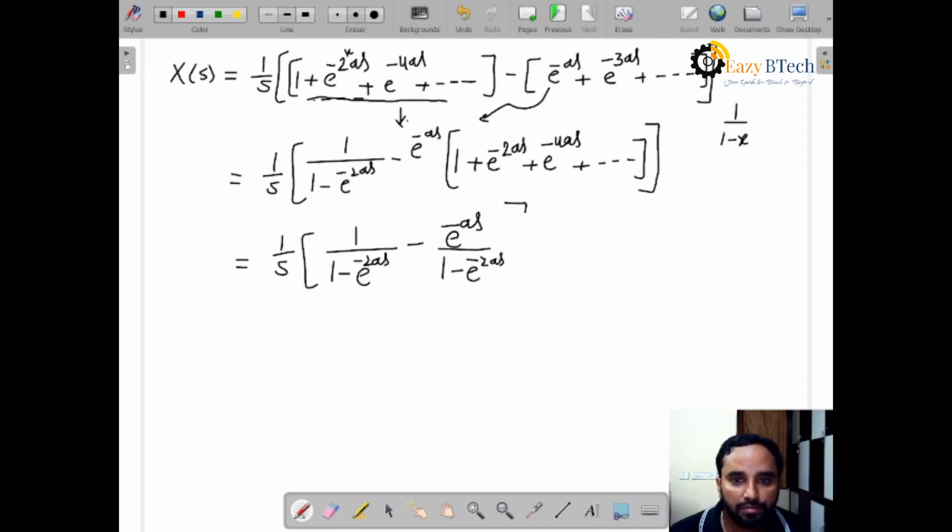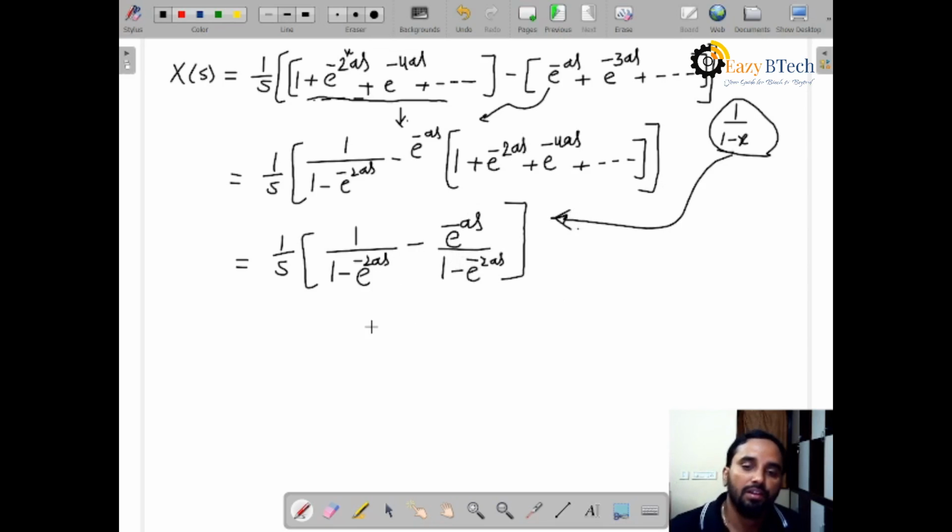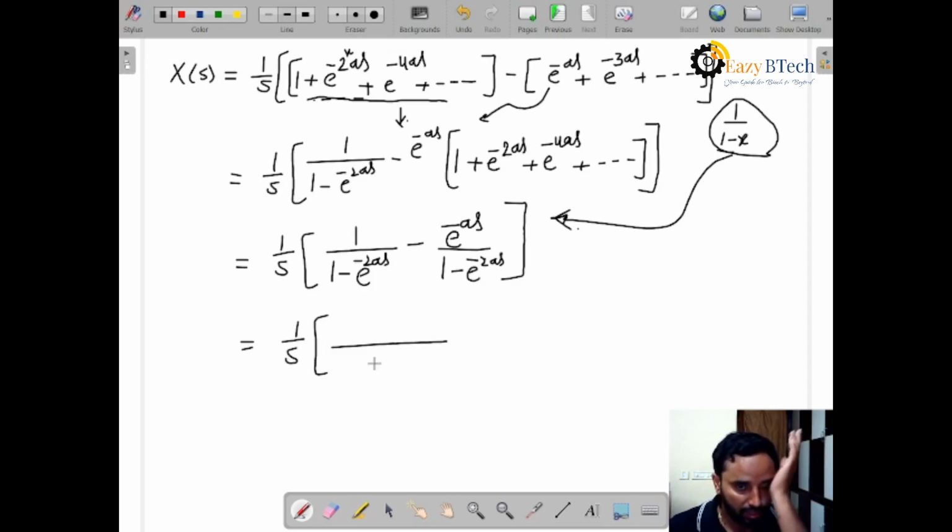Just mathematical simplification, 1 by 1 minus x, in the same way as I wrote here. Now for simplification, the denominators are the same, so the LCM is 1 by 1 minus e power minus 2as. In the numerator we get 1 minus e power minus as.